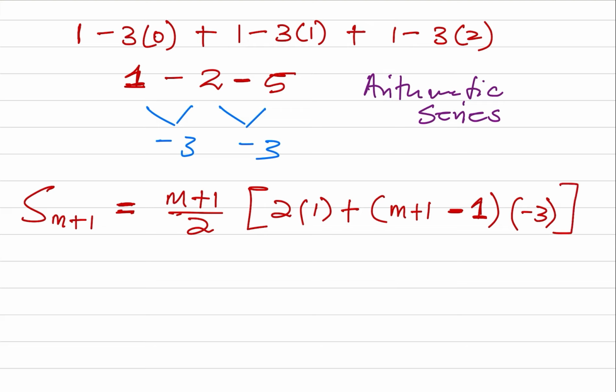Are you happy with this? So this is your number of terms. Let me just put this into our brackets. This is your n, m plus 1 minus that. This is your difference, which is minus 3. Then we have what we need.